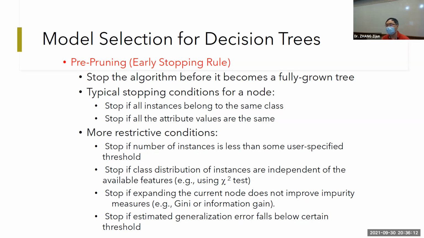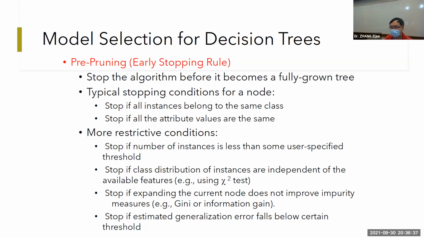That means you don't want to wait until every node just has one same class. Okay, you can tolerate some impurity. So if you can find a node where 80% of the data points in that node are with the same class, then you already can stop.